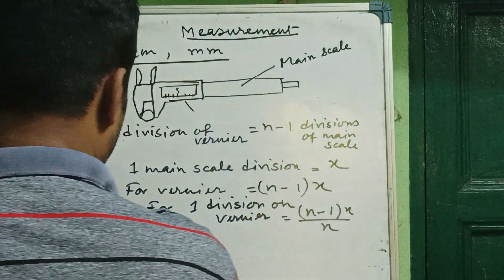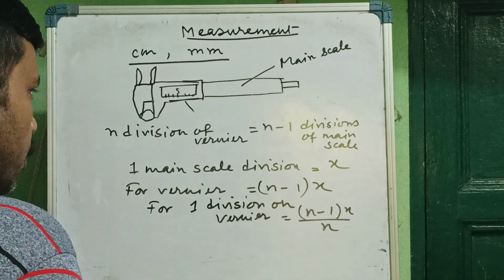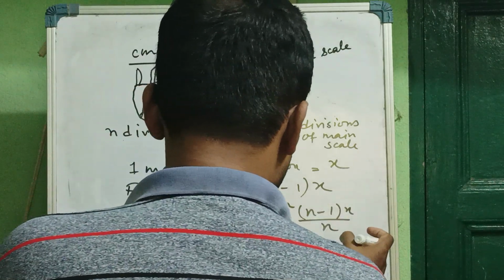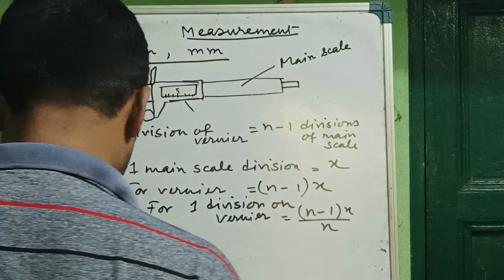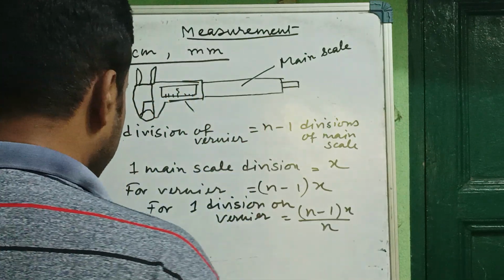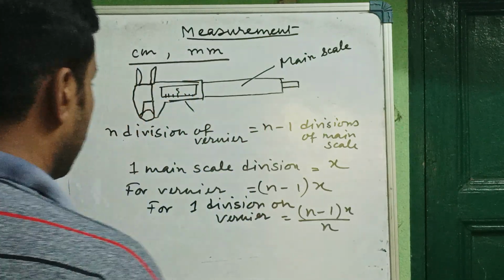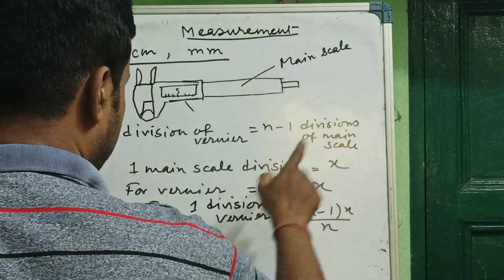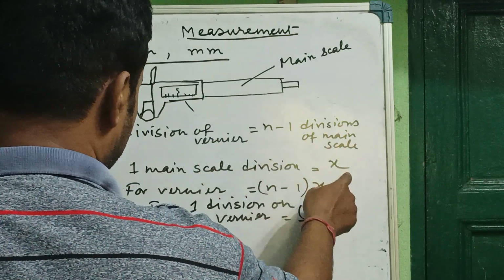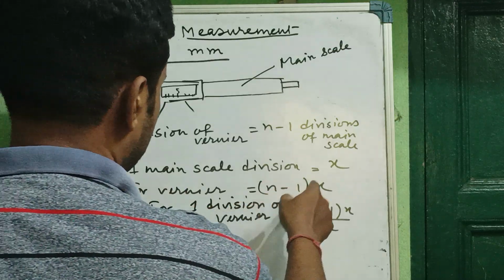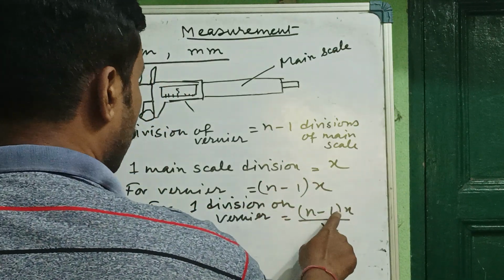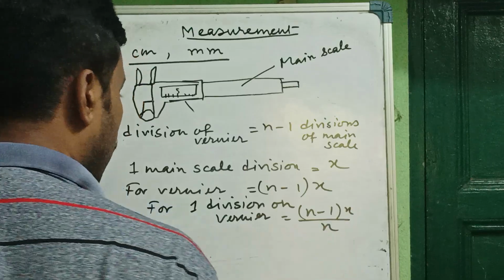So for one division on the Vernier, it is n minus 1 x divided by n. Then we have to calculate the least count. First, n divisions of the Vernier equal n minus 1 divisions of the main scale. One main scale division equals x, so for the Vernier, n minus 1 into x, and for one division on the Vernier, n minus 1 x divided by n.